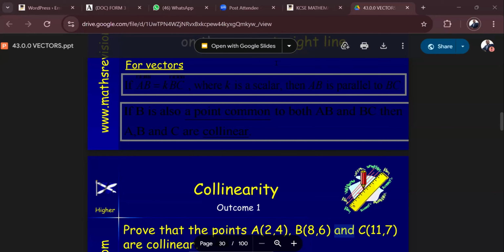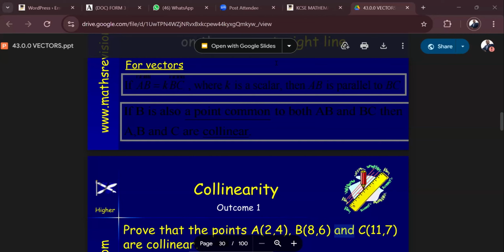This means that one can be expressed as a scalar multiple of another. Like (6, -2), if you factor out 2, you'll have (3, -1) inside. Since one can be expressed as a scalar multiple of another, it means that the 3 points are within the same line, meaning that they are collinear.